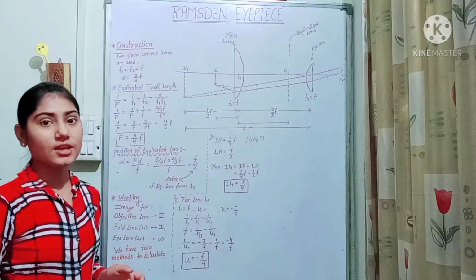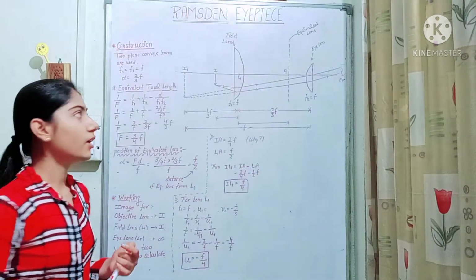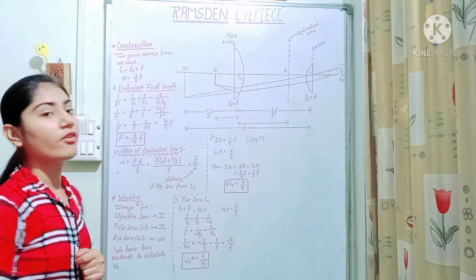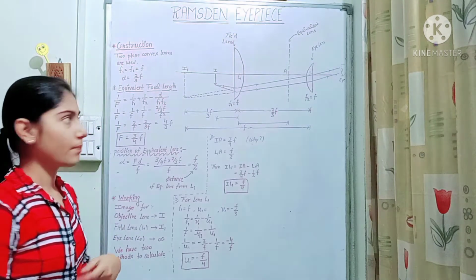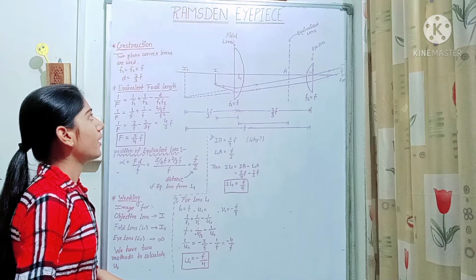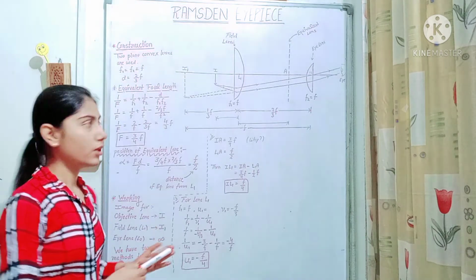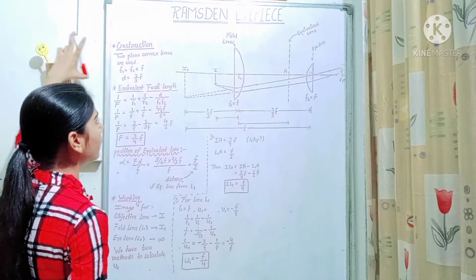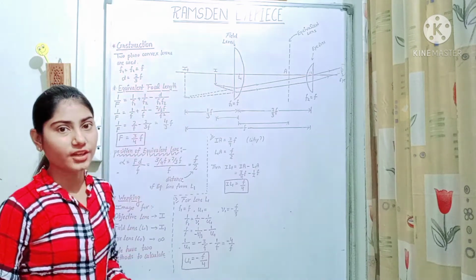Now we discuss the working part. What is the working of the Ramsden eyepiece? We have an object which is far away from the objective lens.